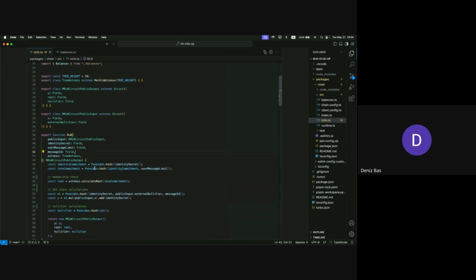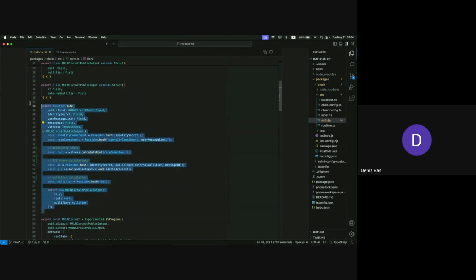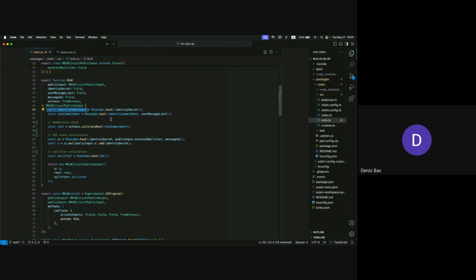Here you can see the RLN circuit written in O1.js. First we get a secret as a private input, and we hash it to get the identity commitment. We also have another rate commitment where we hash the identity commitment and the message limit together.